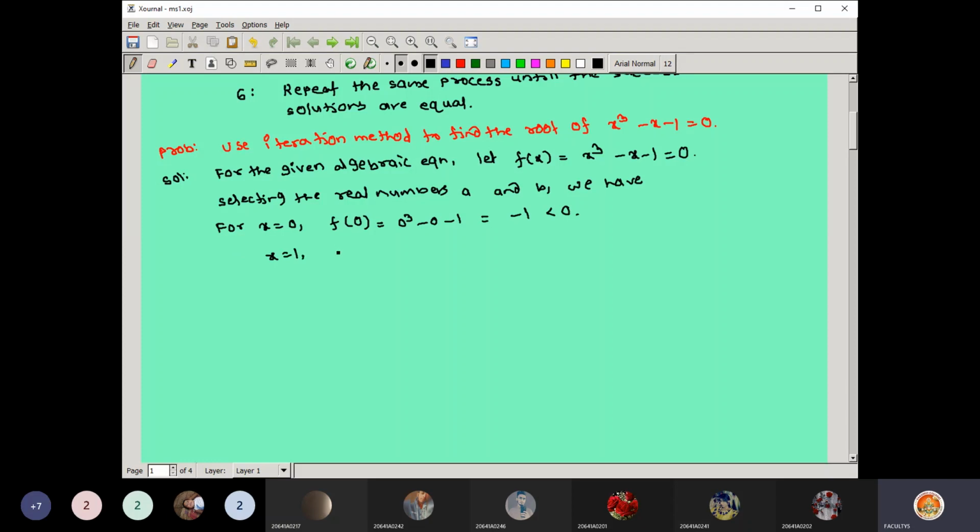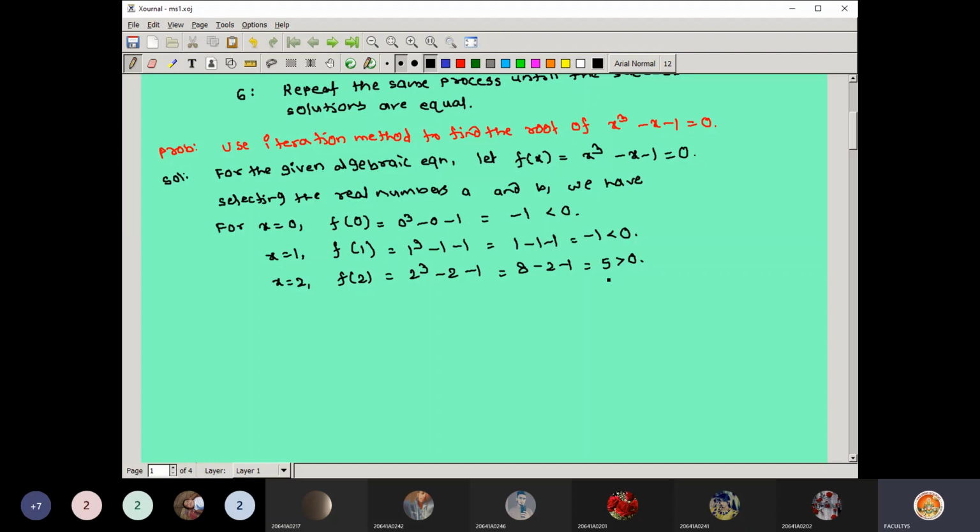Next, x equal to 1. f of 1 equals 1 cube minus 1 minus 1, so 1 minus 1 minus 1, you are getting again minus 1, that is less than 0. Coming to x equal to 2, f of 2 equals 2 cube minus 2 minus 1, which is 8 minus 2 minus 1. So 8 minus 3, you are getting 5, that is greater than 0.